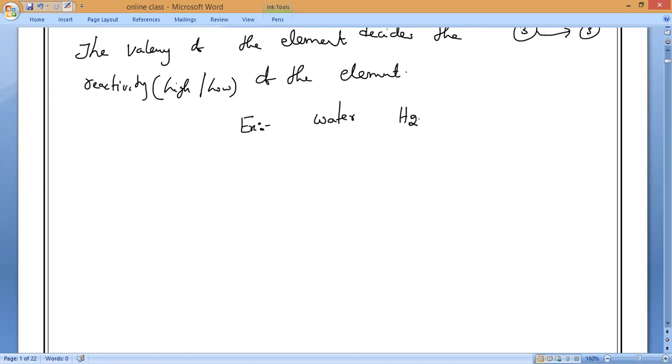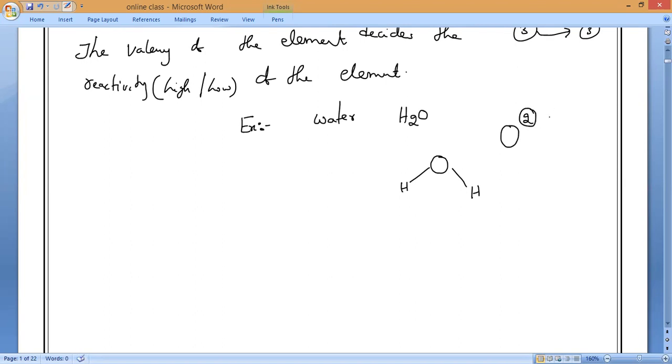We all know water formula is H2O. Means one oxygen maximum can react with how many hydrogens? It can react with 2 hydrogen atoms. So then oxygen valency is 2.